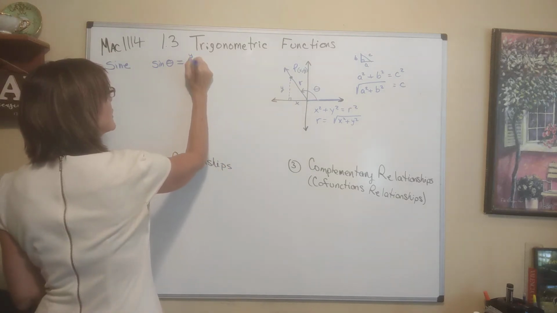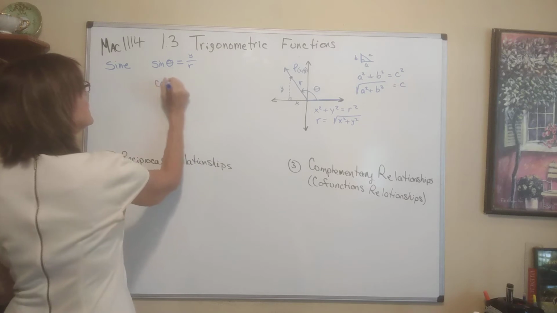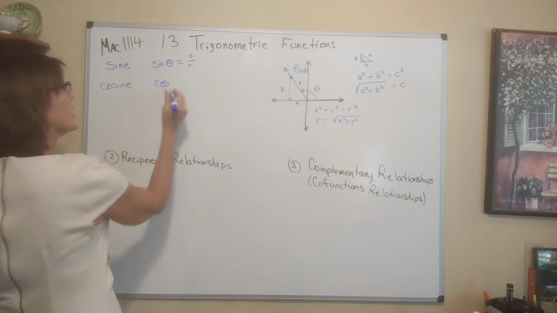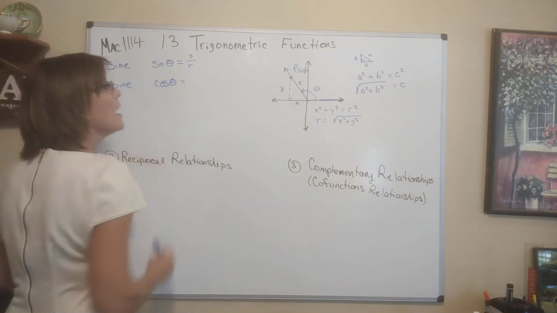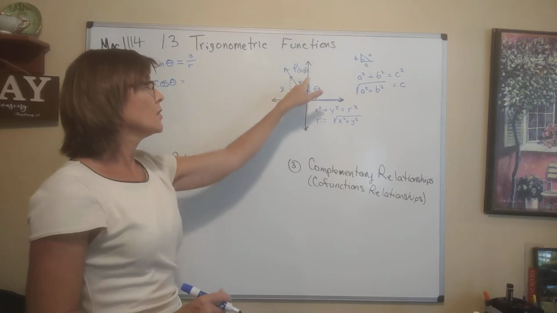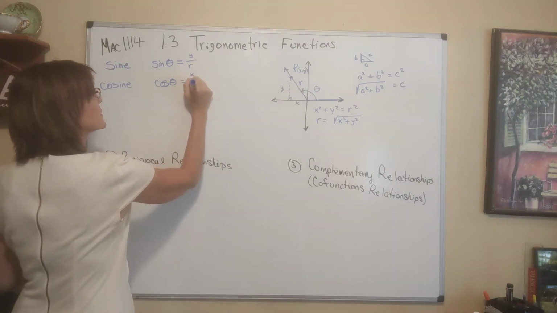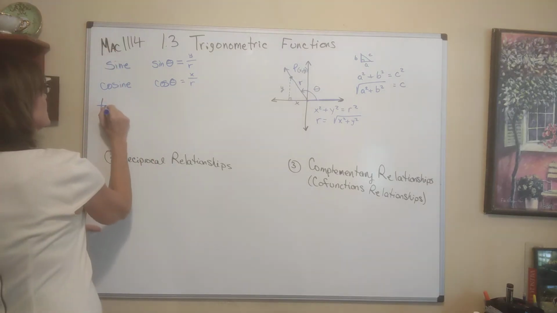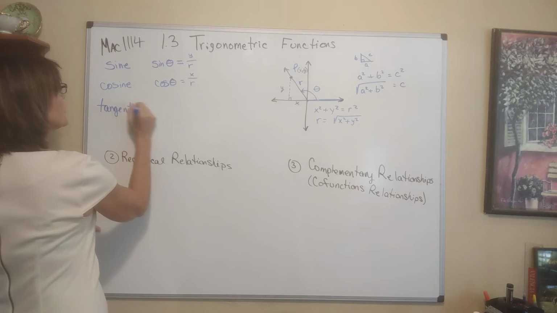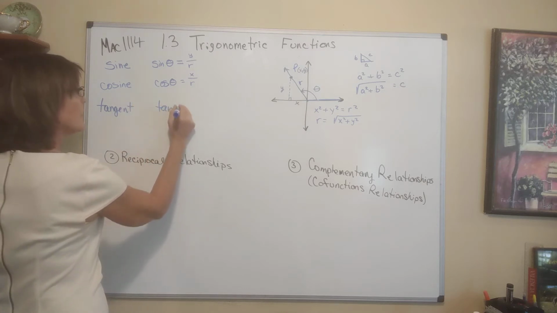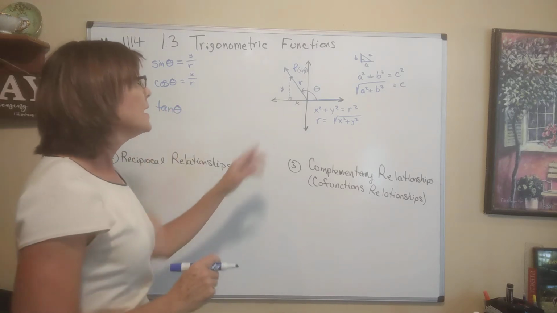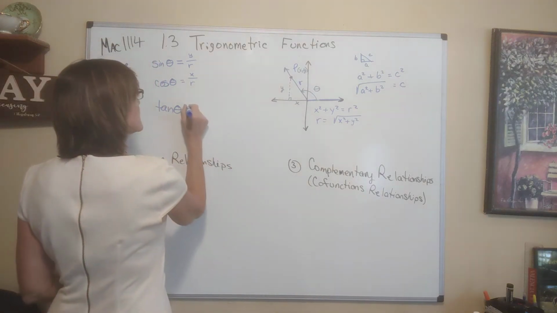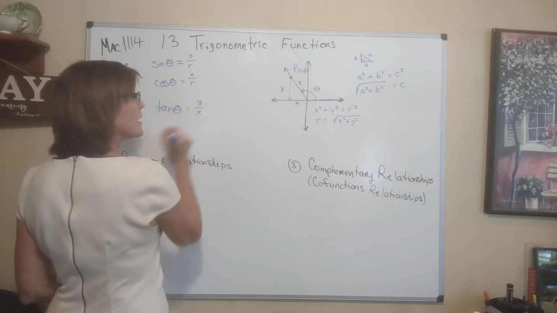The cosine of an angle, abbreviated COS, is equal to x over r. And then tangent, abbreviated TAN of an angle theta, is equal to y over x.